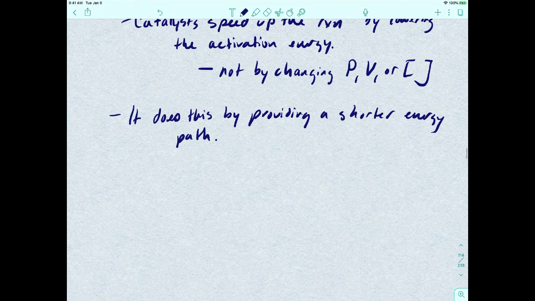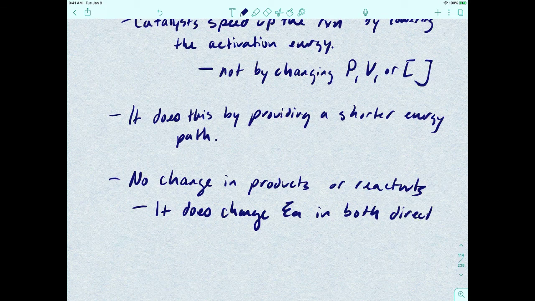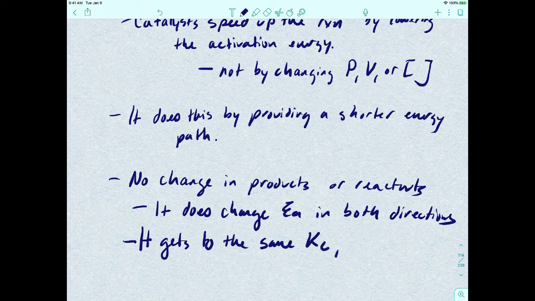Which means there's no change in the products or the reactants. It does change the activation energy in both directions, and it gets to the same equilibrium, but only faster.